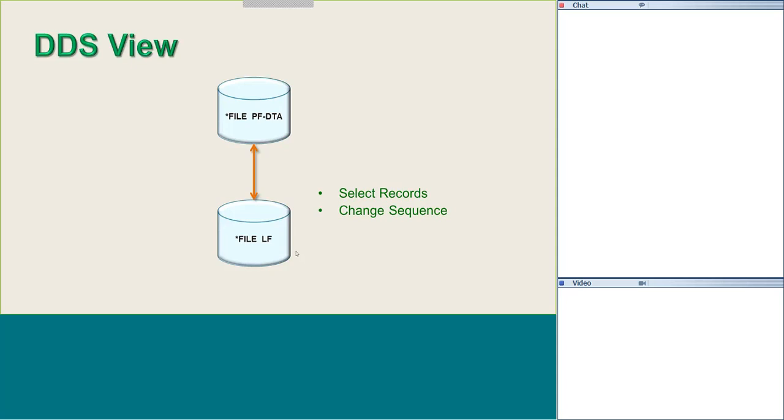If you change the sequence on a logical file, it doesn't alter the level ID. Therefore, a program that has been written over that logical file can continue to process, only it will process the records in a different order. And that can cause severe problems. When I found this out, I was actually quite surprised that the key itself doesn't impact the level ID of the file.